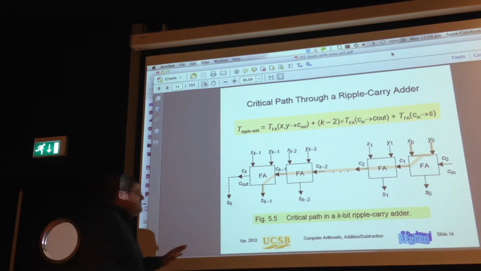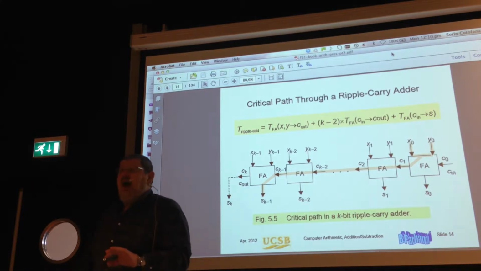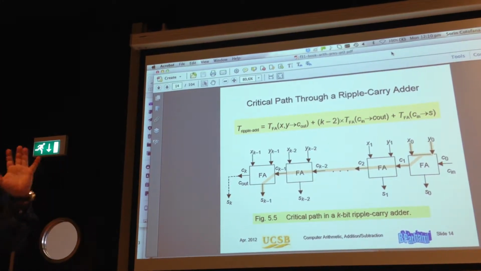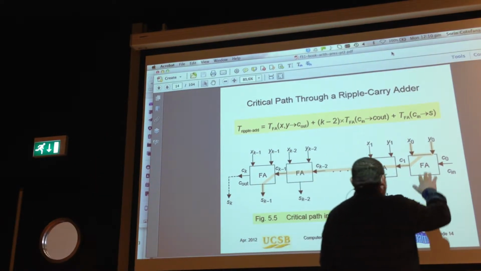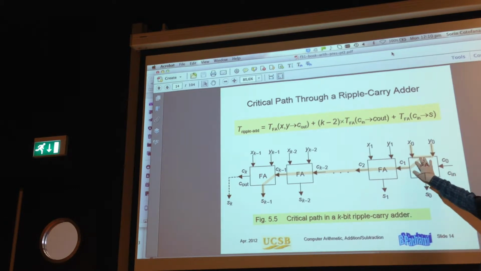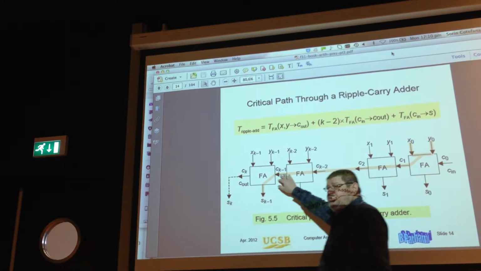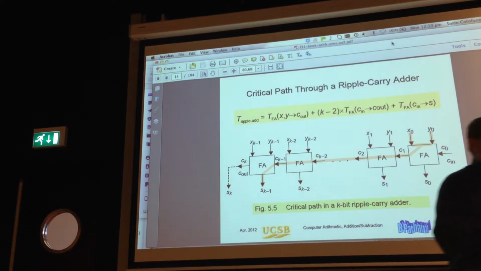Now, there is something else. When I look at this guy, I see what is the worst propagation path. The worst propagation path will be whenever I have changes happening here and producing carries which are going down to the most significant position. This is the longest propagation path, and this will determine the cycle time.